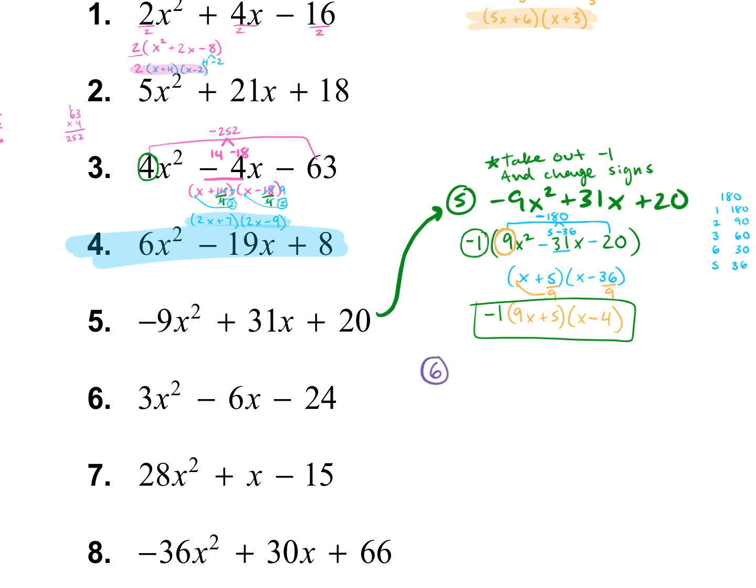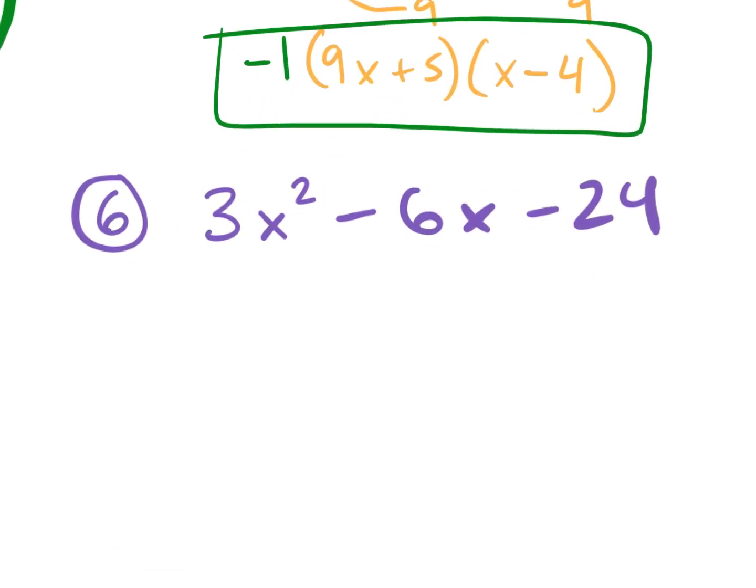So 6, we have 3x squared minus 6x minus 24. First thing we always want to ask ourselves, is there a GCF? What's our GCF here? Does anything go into both 3, -6, and -24? What do we think? 3.